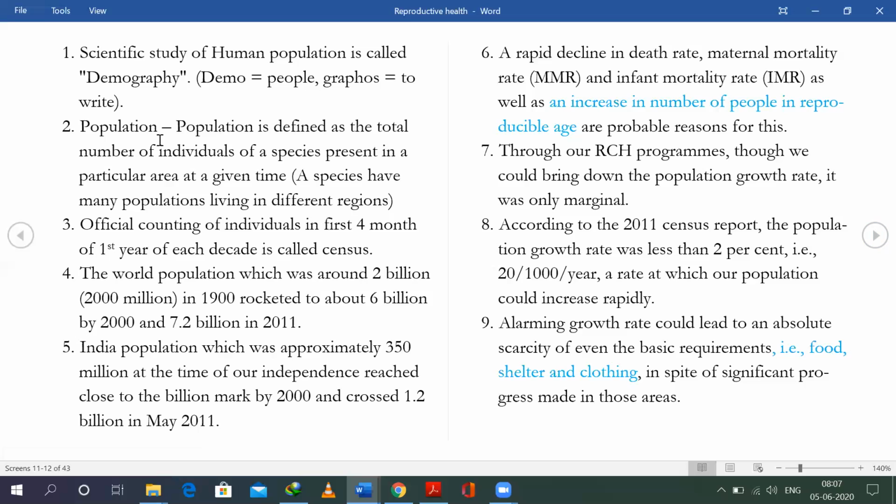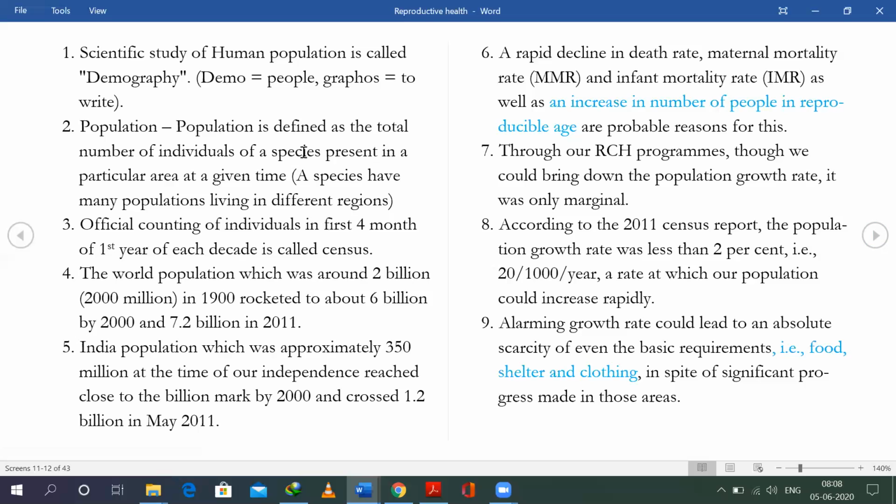Since we are talking about humans, we are taking the population of humans as a species. Population is defined as the total number of individuals of a species present in a particular area at a given time, in a specific time period.